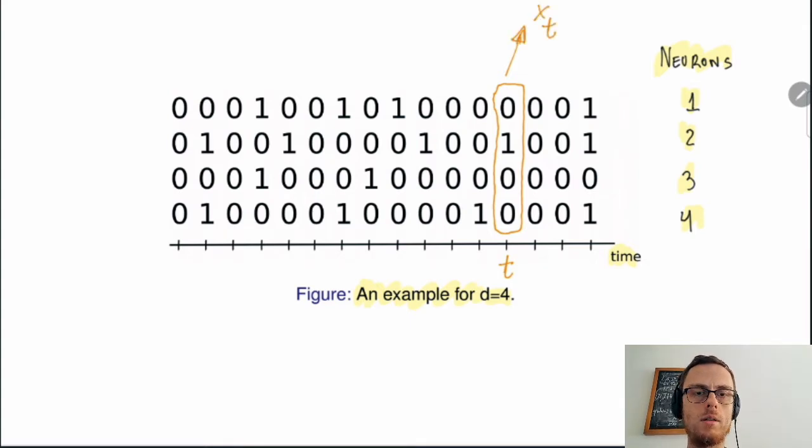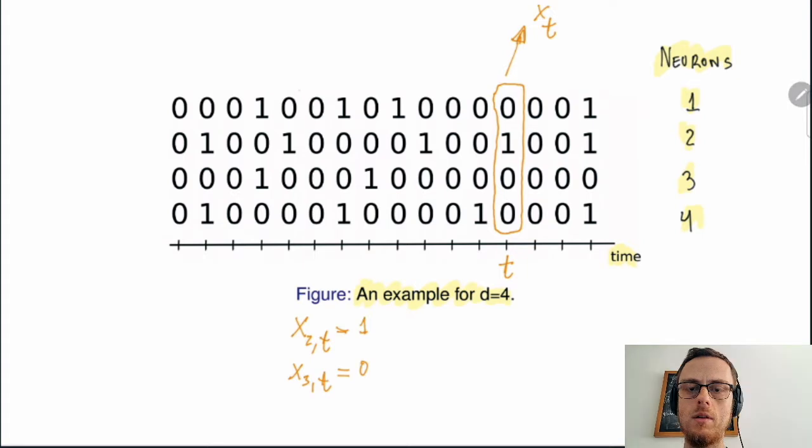In particular, the second coordinate of this vector, X_2t, is equal to 1, and the third coordinate, X_3t, is equal to 0. Now, let's take another time t prime here.